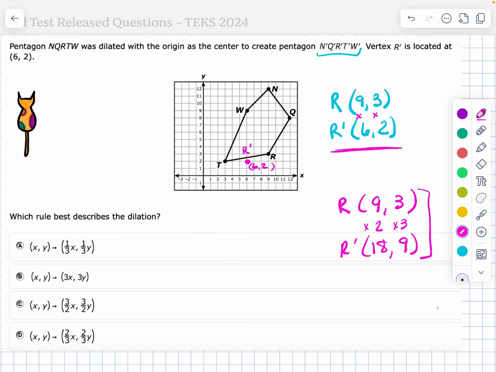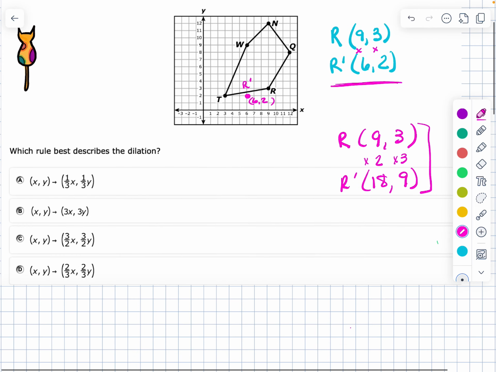So what I would do is look at all my answers and start to substitute in these different answers to see which one works. Let me show you what I mean by that. When I have R, I'm going to rewrite R over here.